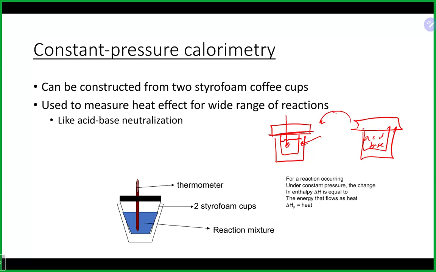The reason it works well for that is most solutions are aqueous solutions, which means a majority of the solution is water, or water based. And you can use the specific heat capacity for water and get a fairly accurate value, even if you don't know the specific heat capacity for the acid or base specifically that's there. You could just use water and kind of think of it as the water specific heat capacity.